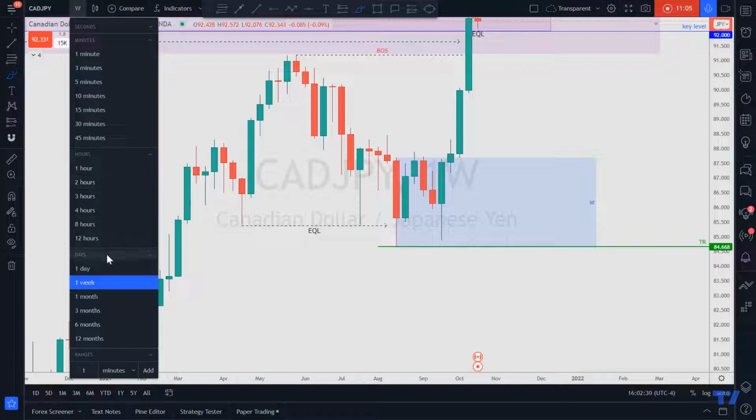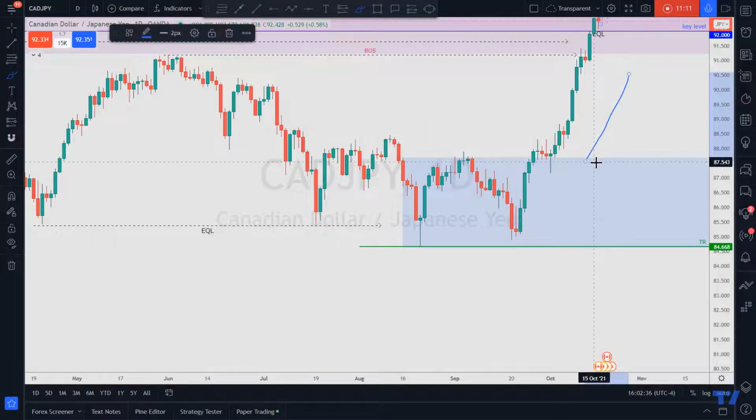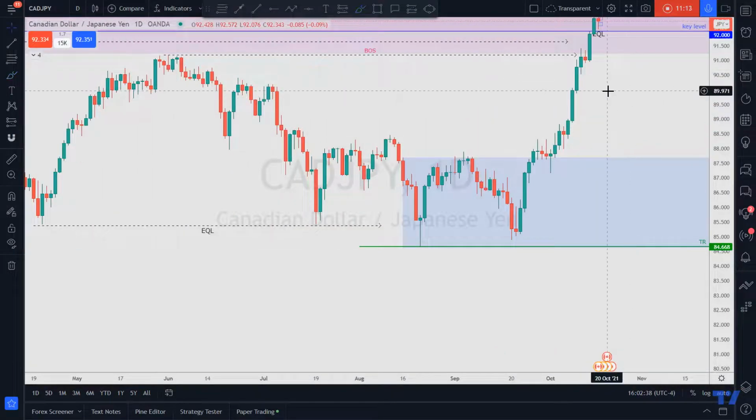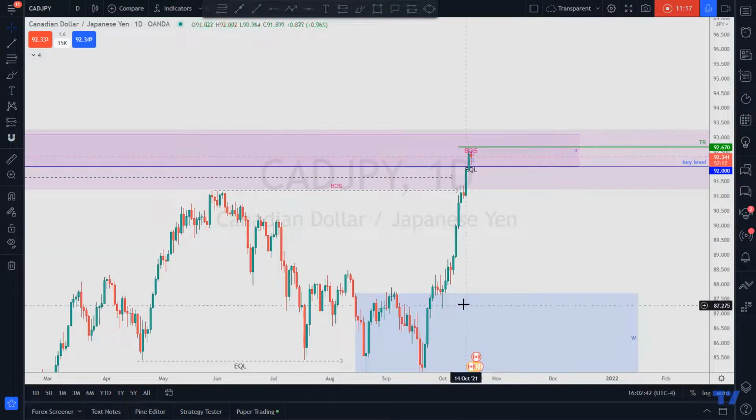Okay, so we're on the daily, right? And we have that big spring, and basically all of the time frames are in sync. They're all bullish. All right, they've all had the same level of the break of structure.